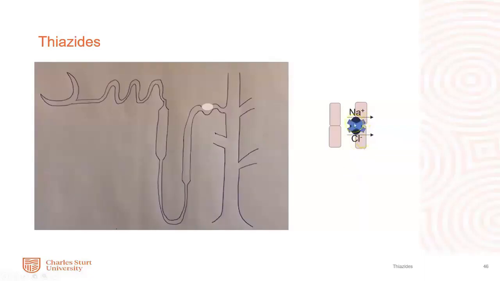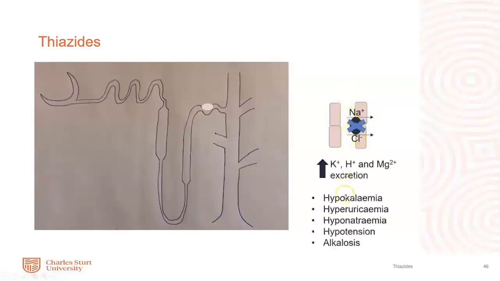If you inhibit that, you're going to inhibit sodium and chloride reabsorption. So it's going to stay in the filtrate. So you're going to get increased sodium and chloride excretion, but also increased potassium, hydrogen, and magnesium excretion too.